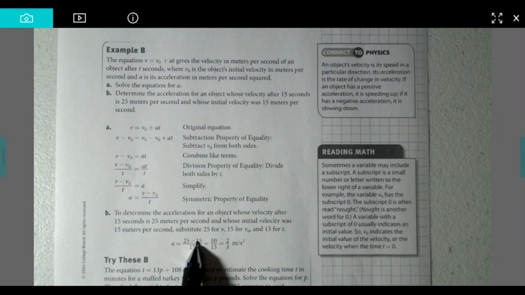Well, 25 minus 15 is 10, and 10 divided by 15 is 2/3 meters per second squared.